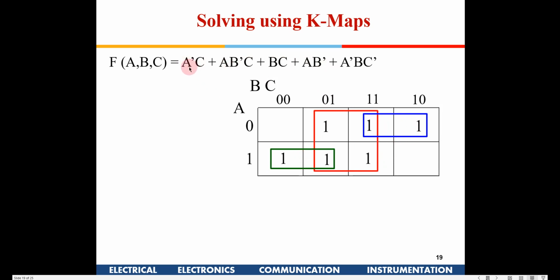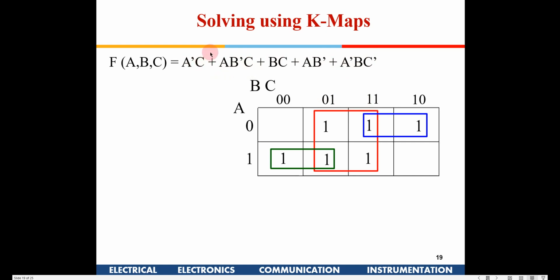Actually if you see here, when we write, we have to expand this. A dash c is actually a dash c times b plus b dash, and then if you expand it, you will get 2 ones there. Similarly this is 1 1 here, there is 1 here. We learnt in the last class how to expand this.